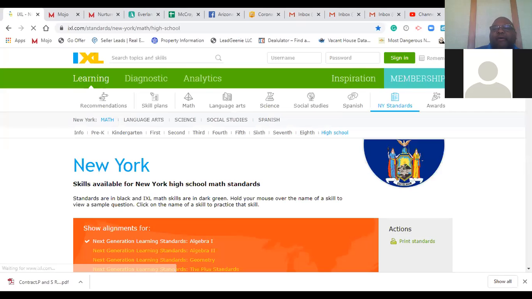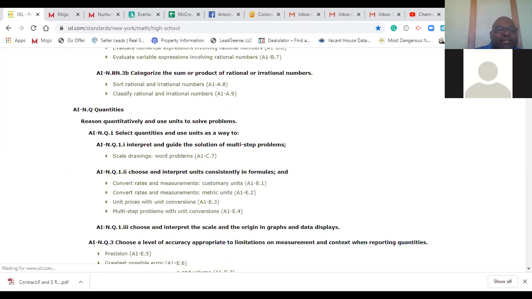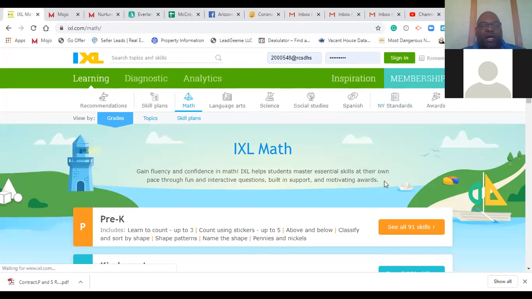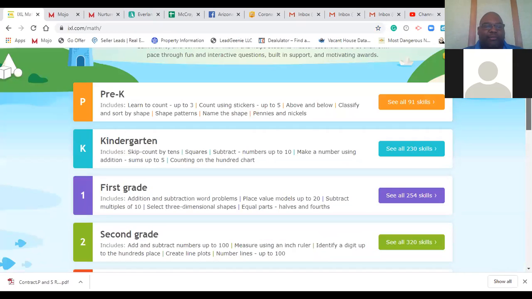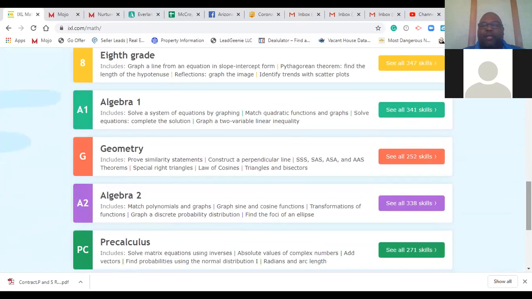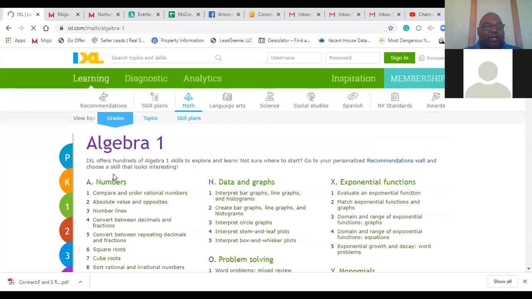definitely. Okay. So with IXL, here's the only deal. It's password protected, but you can do up to 50 practice questions a day without logging in. And so what you'd basically do is you go to algebra, okay?